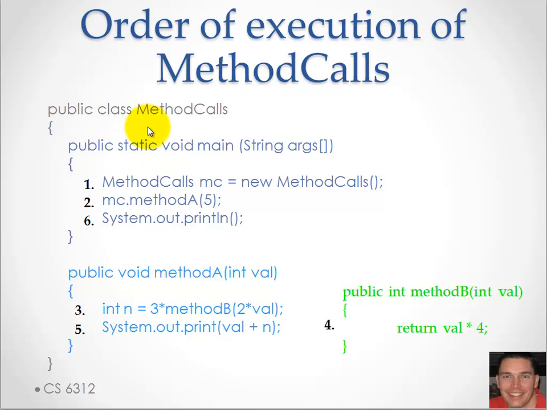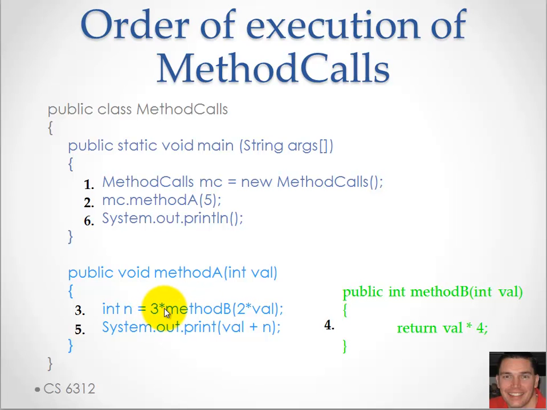Here we're going to look at the actual order of execution of each line of code in this MethodCalls class. When the program starts, I come into the main method. The first line that is executed is this line here, where it creates my new MethodCalls object. After executing that line, it comes down here, executes this line, which then invokes method A. So we come down here to method A, where we're passing in the value 5, and here we execute this line third.